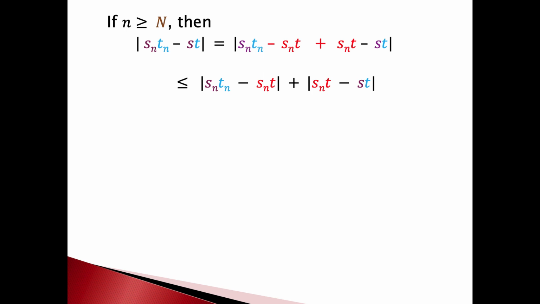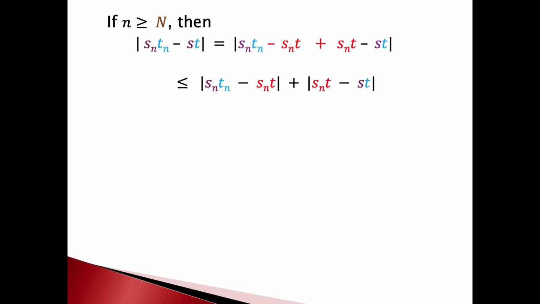But by doing it this way and by adding and subtracting that SnT, something really cool happens. What do I have now inside those absolute values? Each of those absolute values now has something I can factor out. In the first one, I have SnTn minus SnT, so there's an Sn which is common to both, and I can factor the absolute value of Sn out.